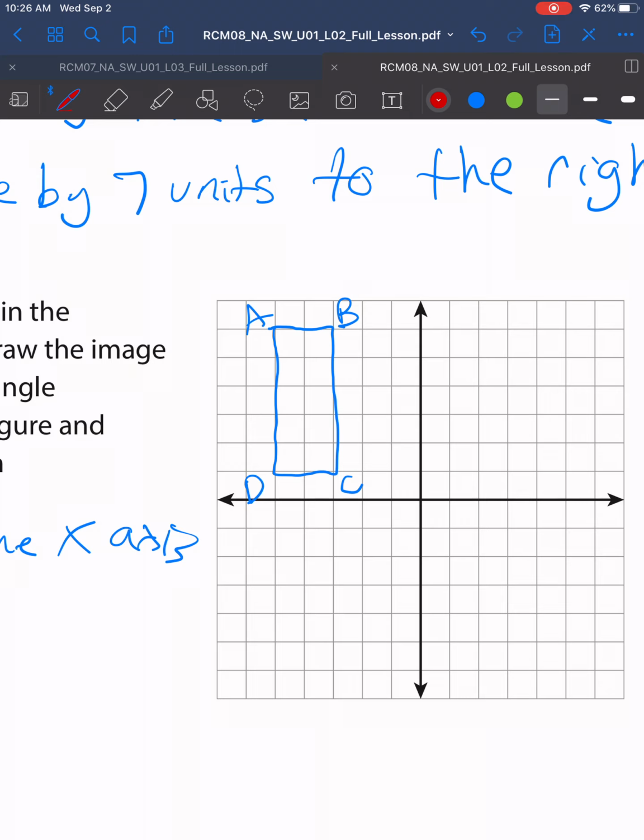If I were to reflect on the x-axis, that means C would be about here, D would be here, so this is C prime, D prime. A, let me count how many things A is. A is 1, 2, 3, 4, 5, 6. So I'm going to go 1, 2, 3, 4, 5, 6. A, and then B would be here. Okay, so there's my reflection.